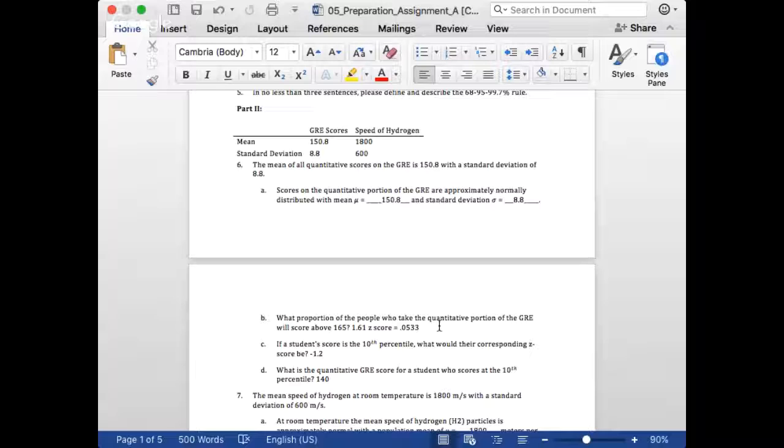I never actually got the applet to work until you explained how. So if I put 1.61 in there, it comes out as 0.0533. That matches the key, because I couldn't figure the rest out, so I pulled it from the prep key. But I think I did figure out the applet.